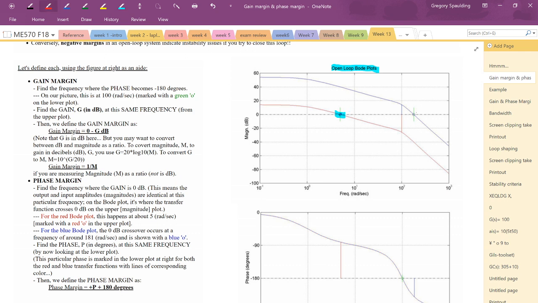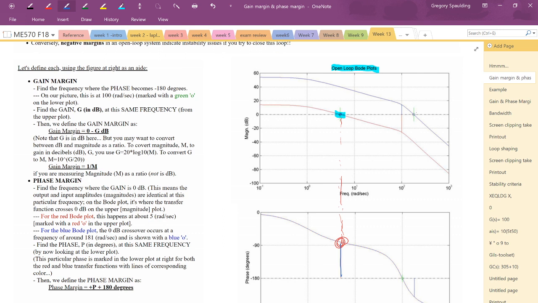Okay, so we're going to go from the crossover frequency, and we're going to move down into the phase plot, and we're going to look at this frequency in here. Now, it is this distance here that tells us the magnitude of the phase margin. Okay, the magnitude of the phase margin.